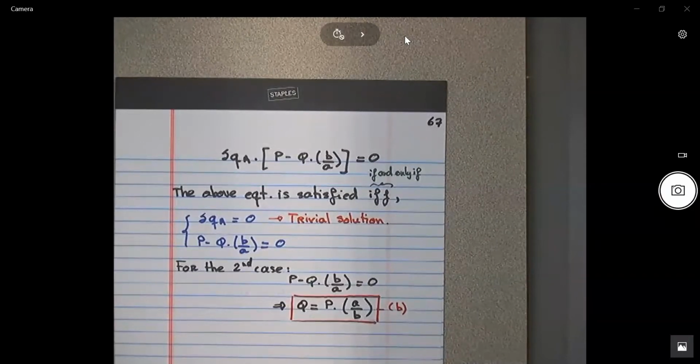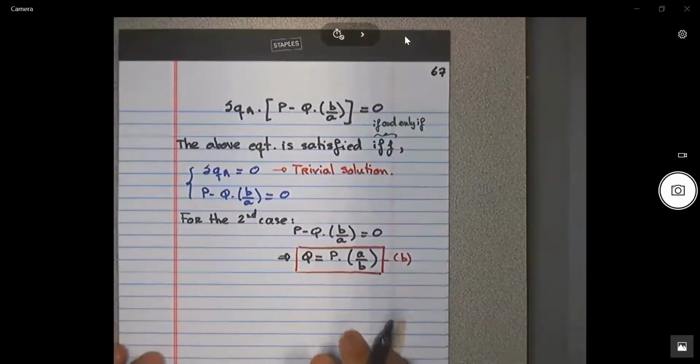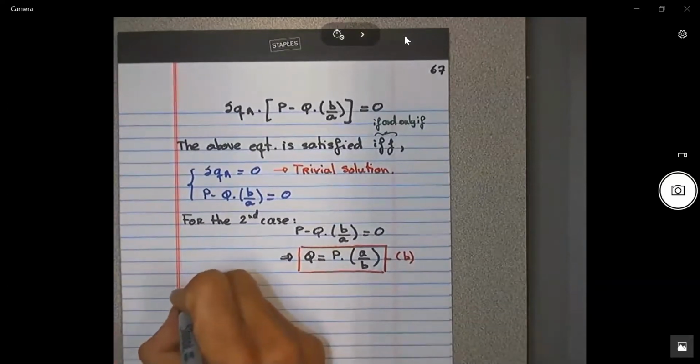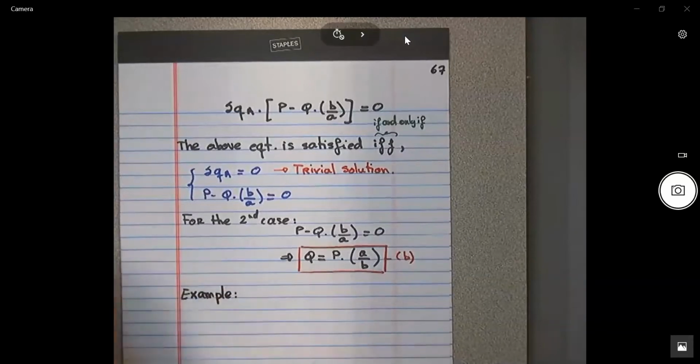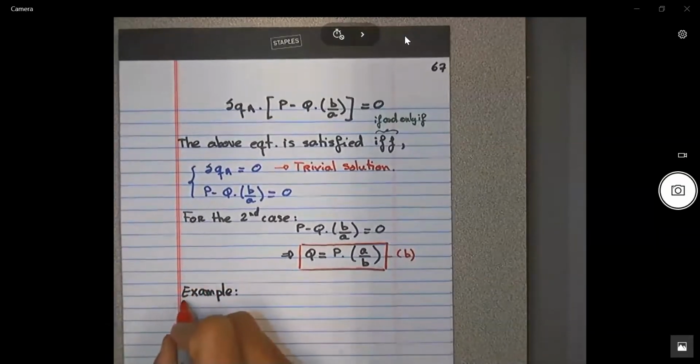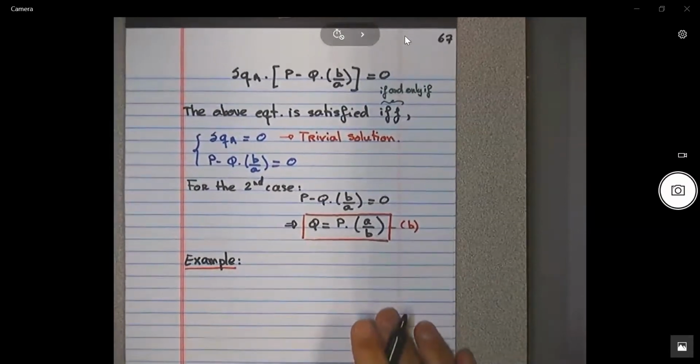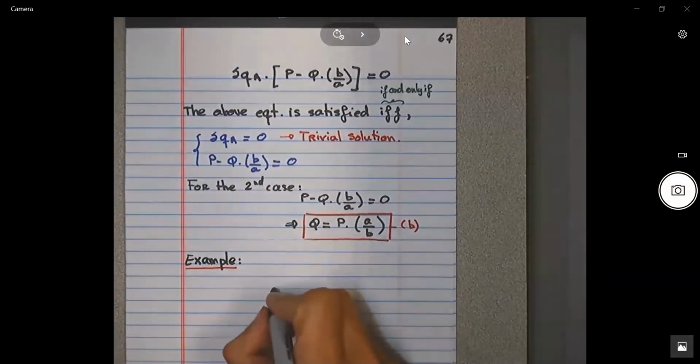Okay, we're gonna do another example. Now it's gonna get a little bit more complicated. So, example. This time the example is, if you want, an idealization, but let's say you have a bar.